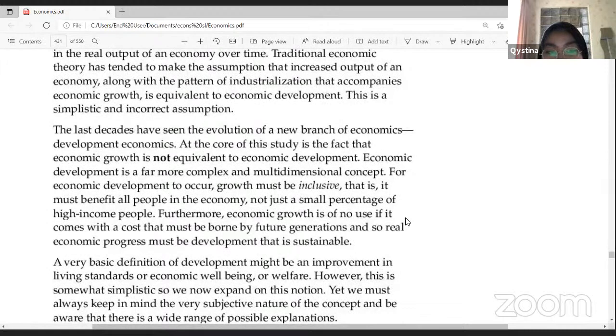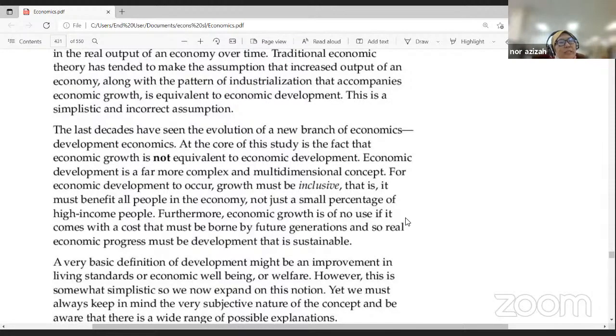Economic development is a far more complex and multidimensional concept. For economic development to occur, growth must be inclusive. That is, it must benefit all people in the economy, not just a small percentage of high-income people. Furthermore, economic growth is of no use if it comes with a cost that must be borne by future generations, and so real economic progress must be development that is sustainable.